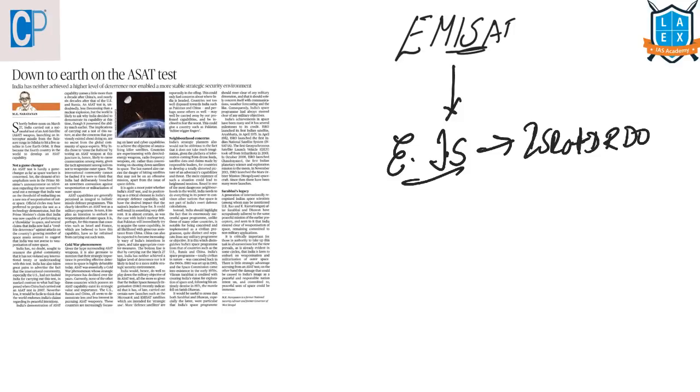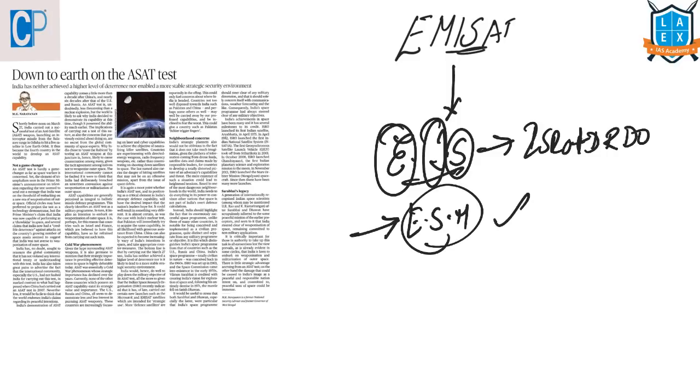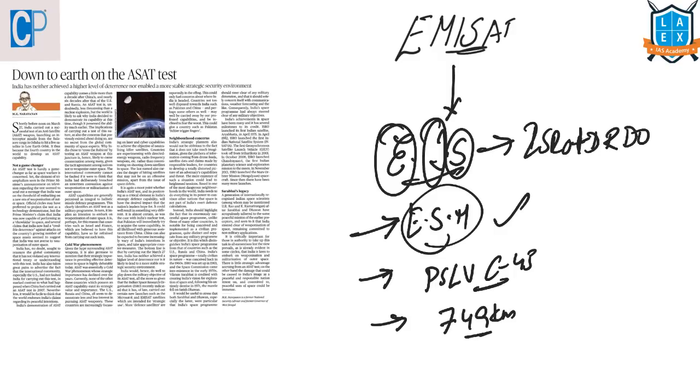This satellite is intended to measure the electromagnetic spectrum, and this is the first of its kind in India. It is launched by the Polar Satellite Launch Vehicle C-45, and it is released into an orbit at 749 kilometers.